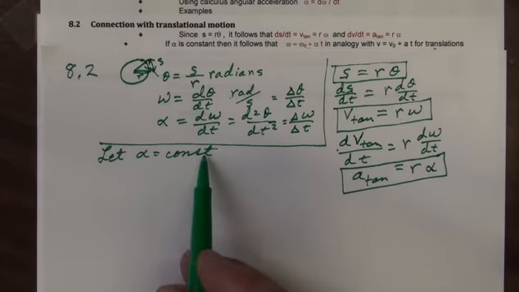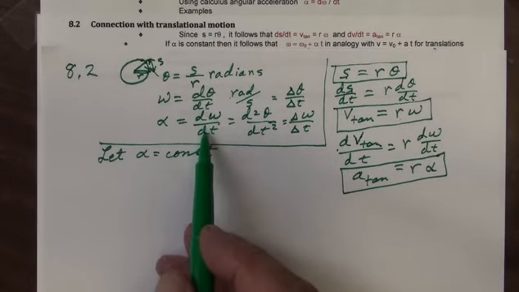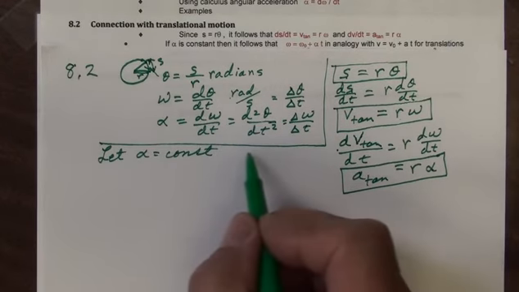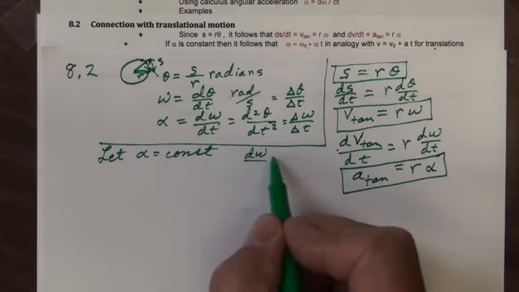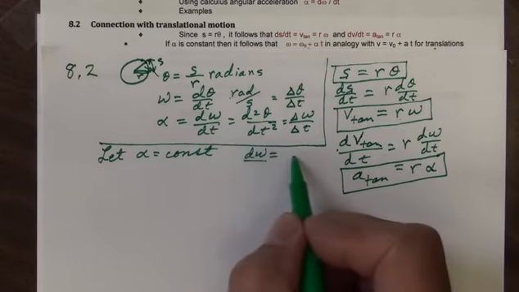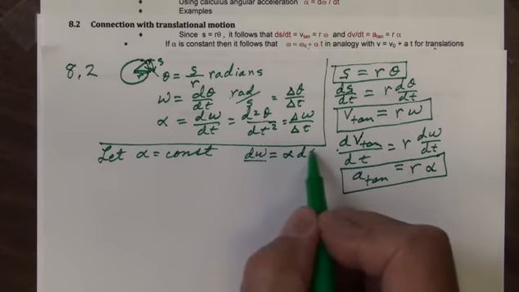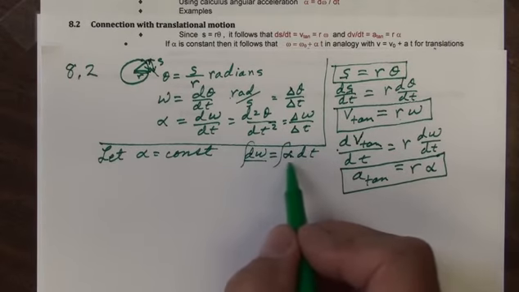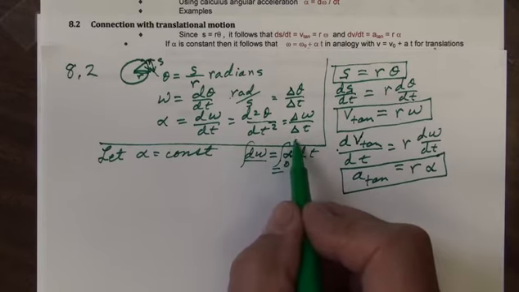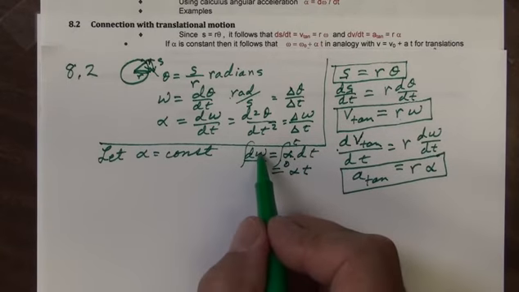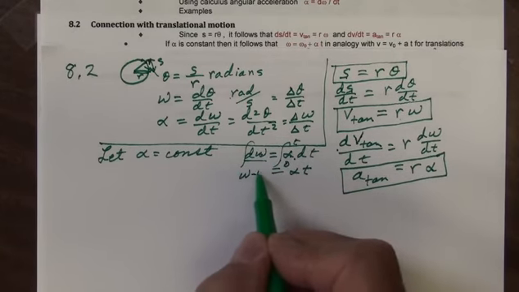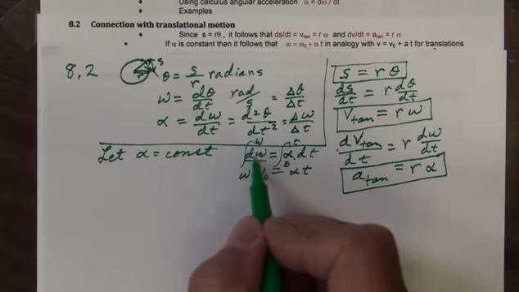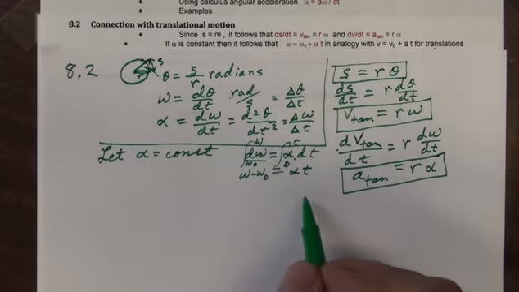Okay, so if alpha is equal to a constant, then working from this equation here, we see that d omega is going to be equal to alpha times dt. Well, since alpha is a constant, we can integrate both sides. The integral moves inside, and from 0 to t, we get alpha times t, and omega minus omega naught on the left.